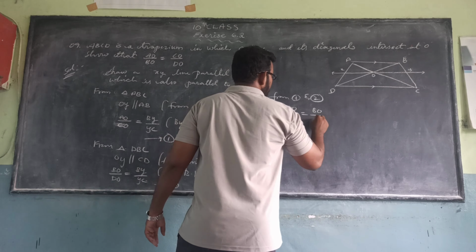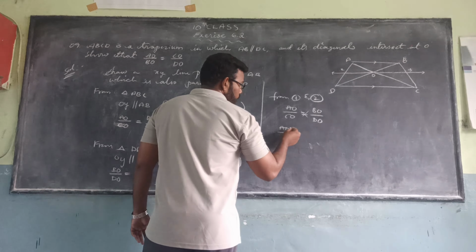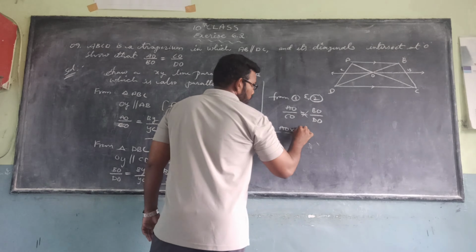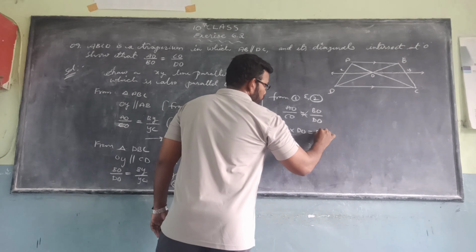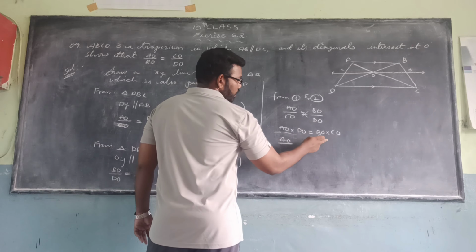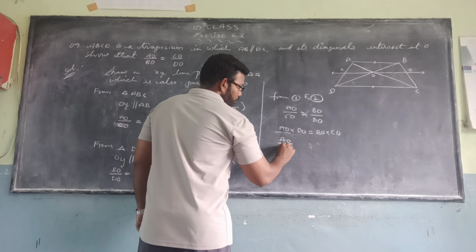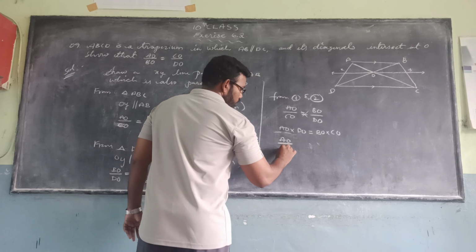If you do the cross multiplication, you will get AO into DO is equal to BO into CO. Now again if you transfer OD to that side and also BO to this side, AO by BO is equal to CO by DO.